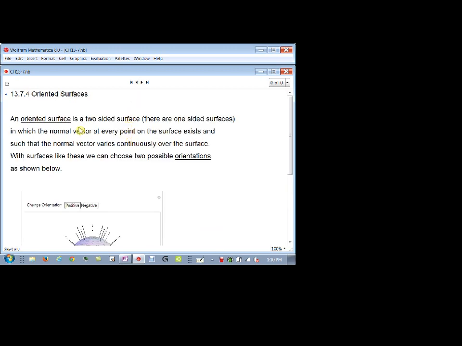Okay. So now, how do we compute the normal vector of an oriented surface? I need to talk about some wording in here. An oriented surface is a two-sided surface in which the normal vector at every point on the surface exists and such that the normal vector varies continuously over the surface.